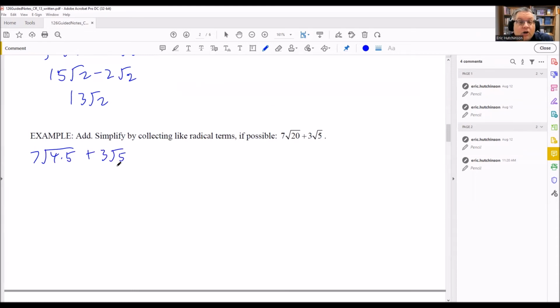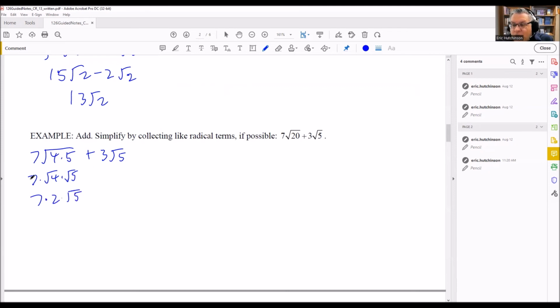There's not much we can do with that until the end. This, we'll break up and do 7 times square root of 4, and then times the square root of 5. So we're breaking these up into two separate square roots. And then that turns into a 2. Just like that.